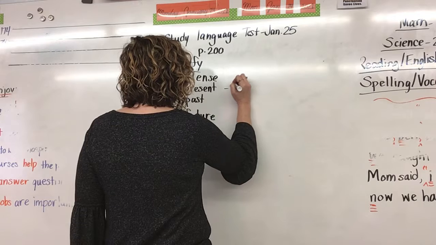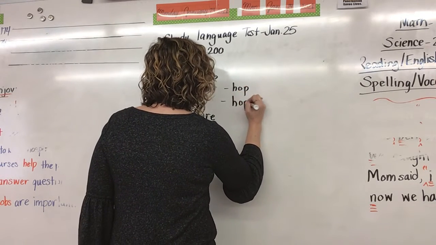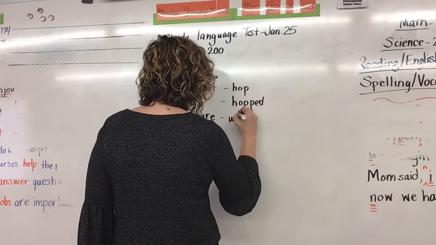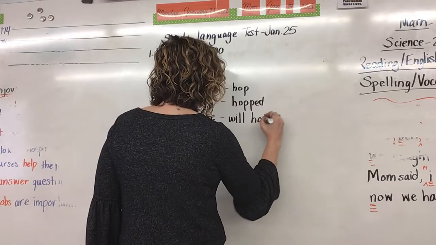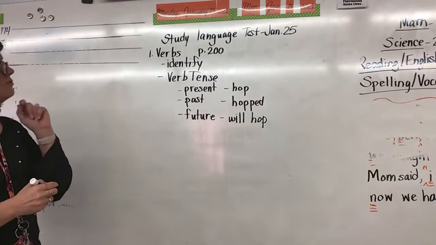And let's just go ahead, by present, write the word hop. By past, write the word hopped. And by future, write will hop. But again, they remind you of that on page 200. Same page, 200.